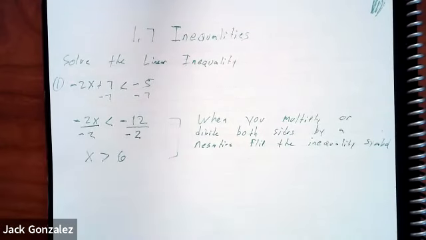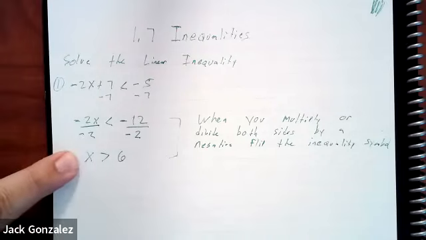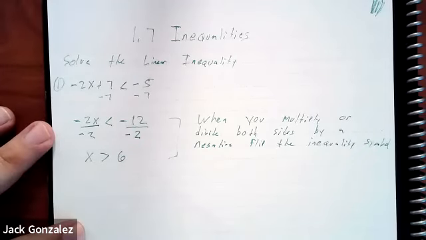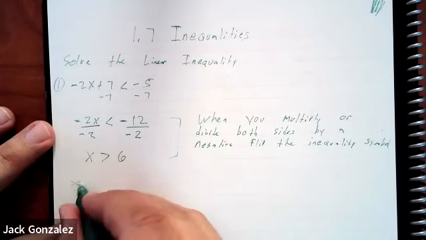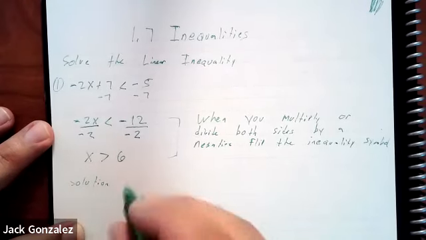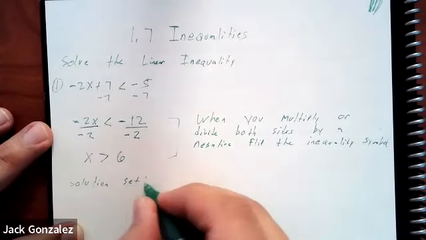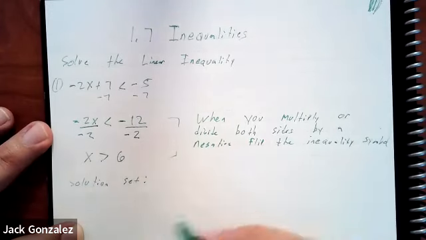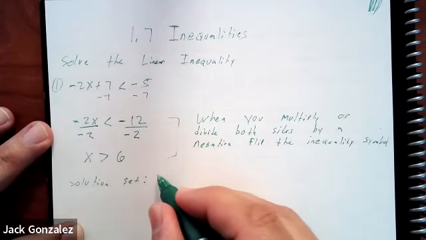That means anything above 6 is the solution. Before it was x equal to something specific, one answer. This time it's anything above 6. There are many answers. You can graph it on a number line as an interval.